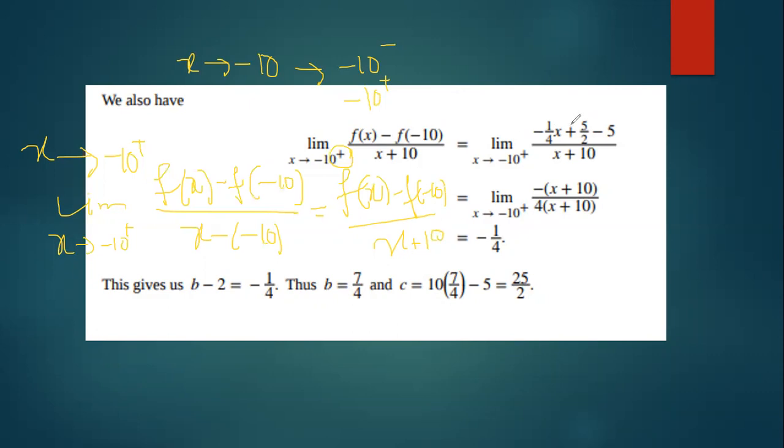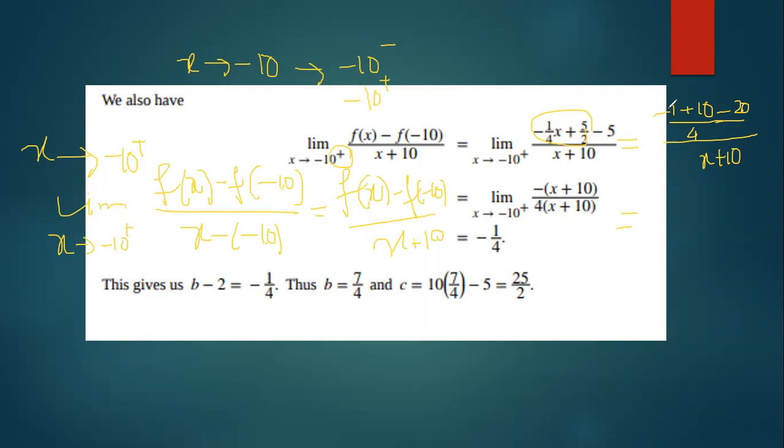So this will be minus 1 upon 4x plus 5 upon 2 minus 5 divided by this one. So it will be 4, okay, minus 1 plus 10, minus 20 divided by x plus 10.